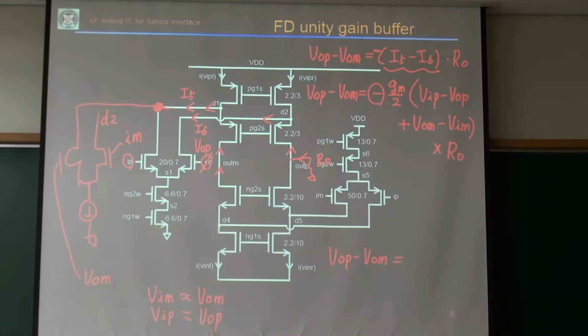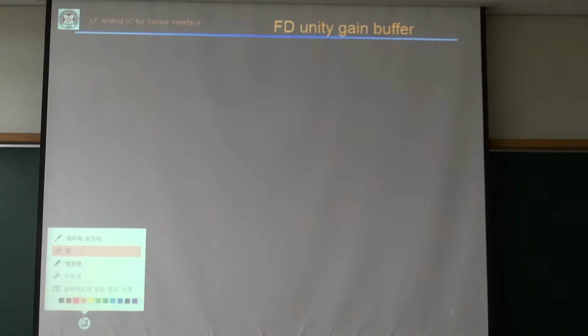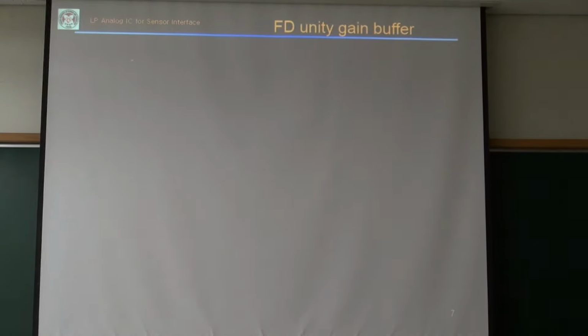Okay, let's talk about that question first. So the question is this. Say the voltage range problem is caused by a very narrow input range. So my linear range is very much limited.